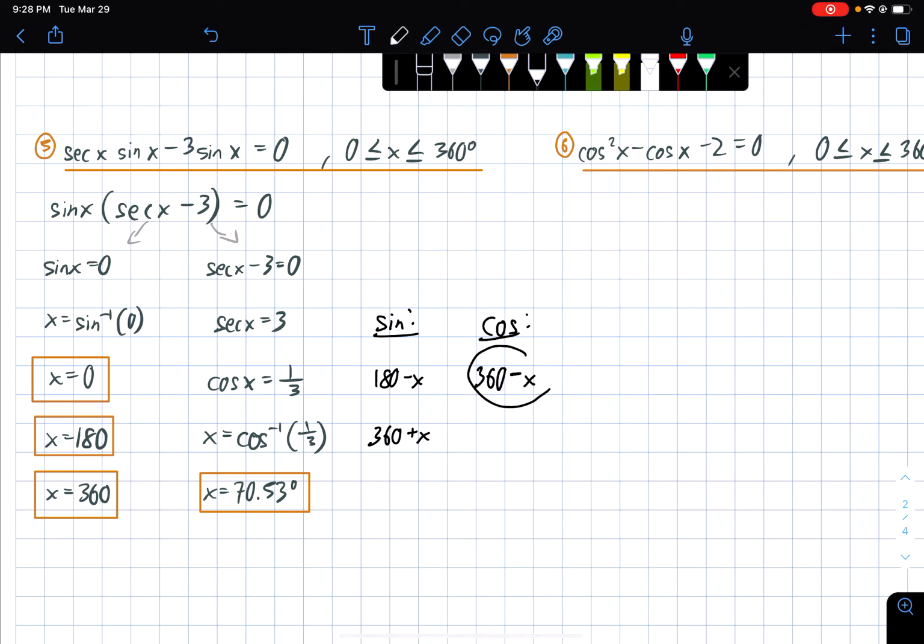Please take note of that correction. 360 minus x, or 70.53, is basically 289.47 degrees.